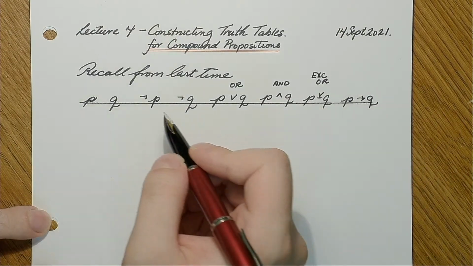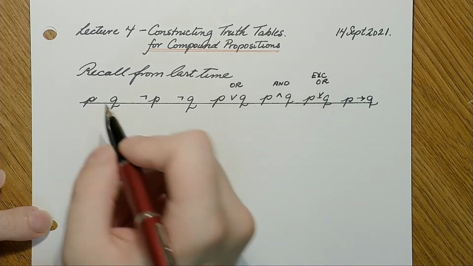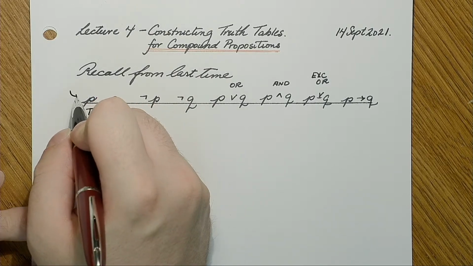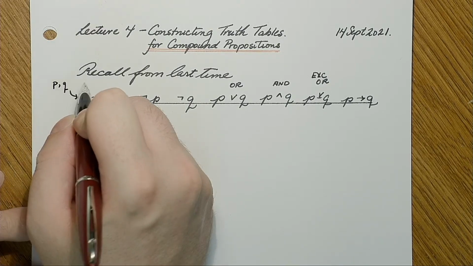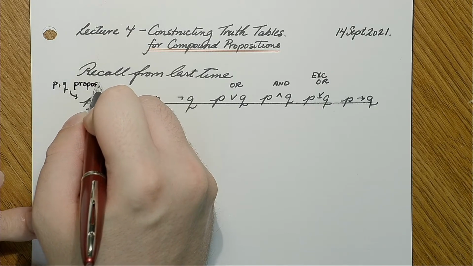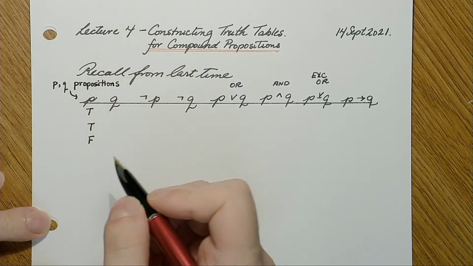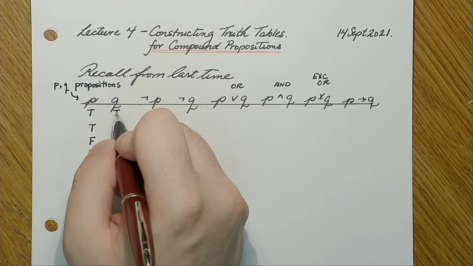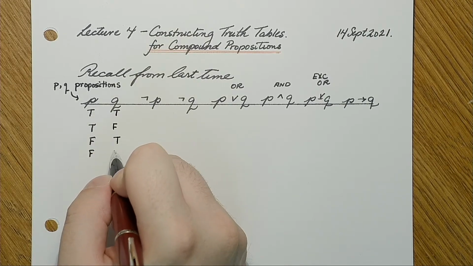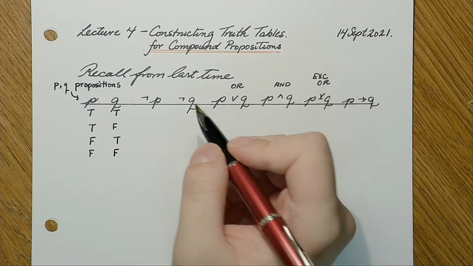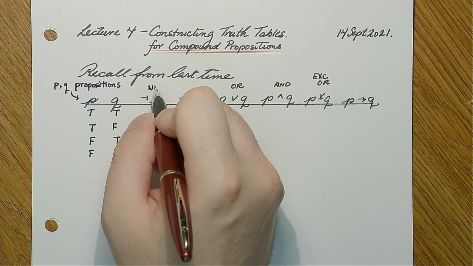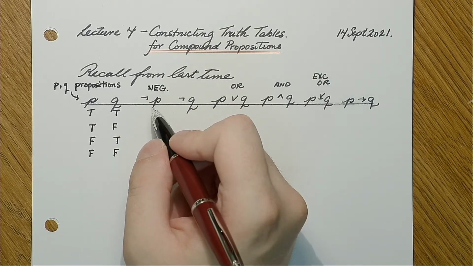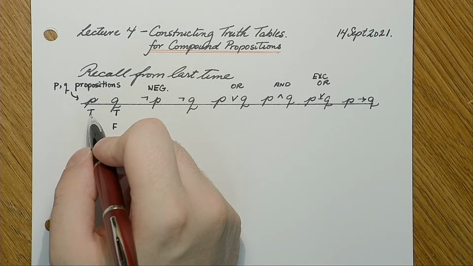So I have two propositions, and so this means I'm going to have four lines. And remember that P and Q are propositions. Now we have the negation over here for not P and not Q. So when we have not P, all this does is it flips the value of the truth value.